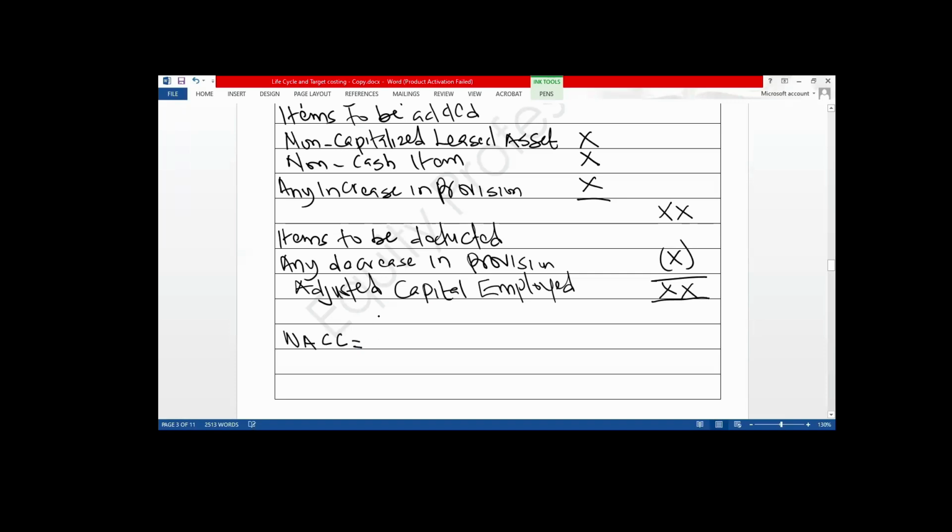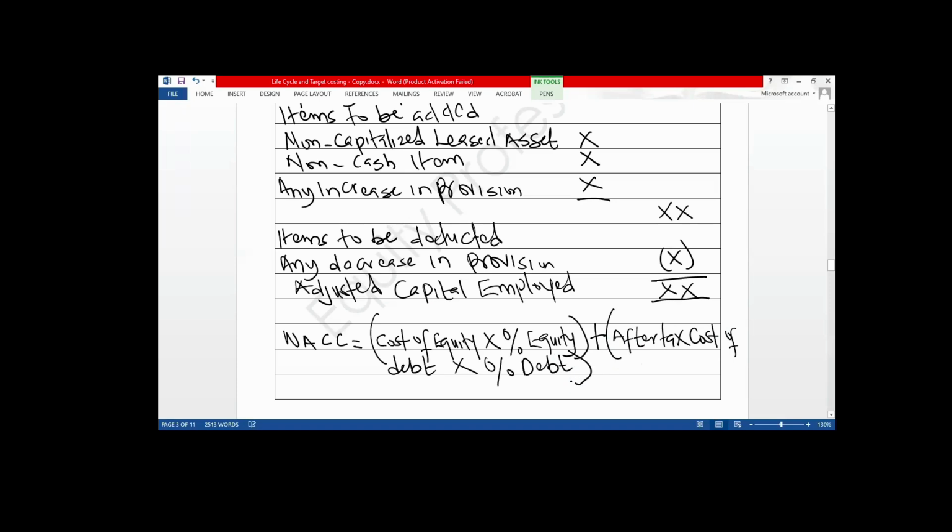The WACC is calculated as cost of equity multiplied by percentage of equity, close this bracket, plus open another bracket, after-tax cost of debt multiplied by percentage of debt.